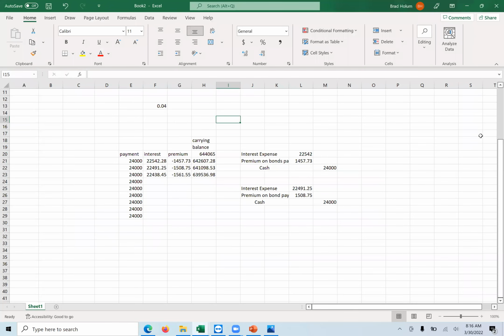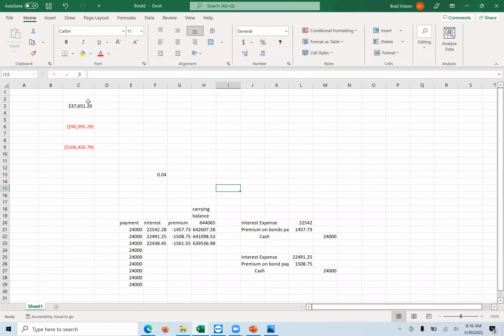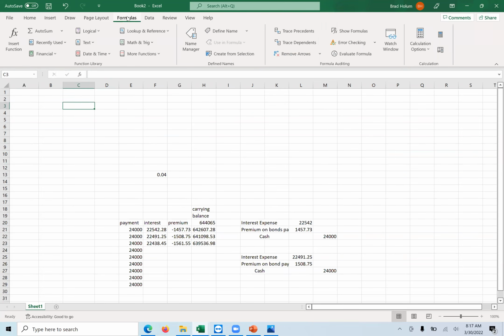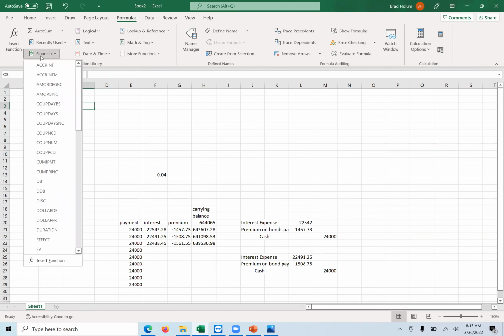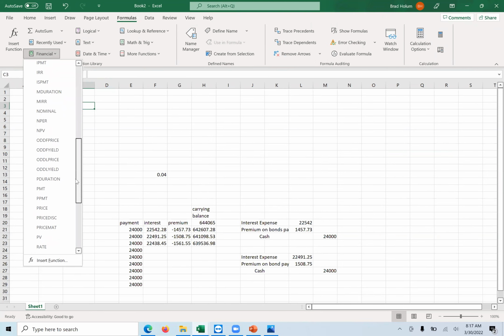And we are going to go up here. Let me get rid of these. Where we take the lease is for 2 years. So I'm going to show formulas, financial formulas, go down to present value.